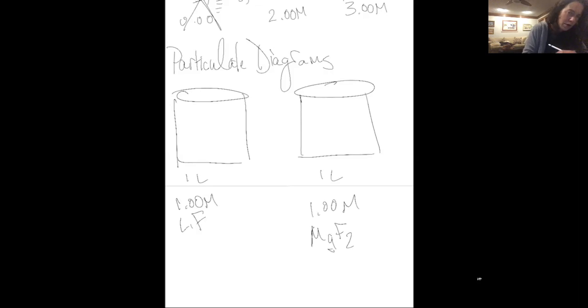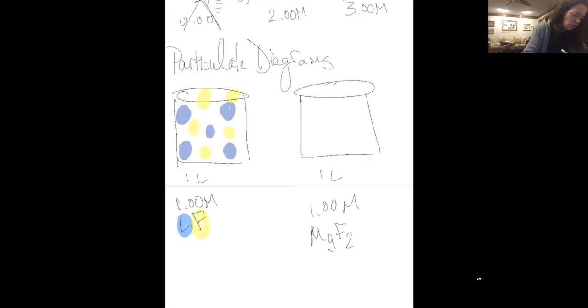Okay, so Li will be blue and F will be yellow. Those colors look good together. So all I'm going to focus on here is that for every Li, 1, 2, 3, 4, 5, there should also be 1 F. So we see that it is a 1-to-1 ratio, 5 particles of each.